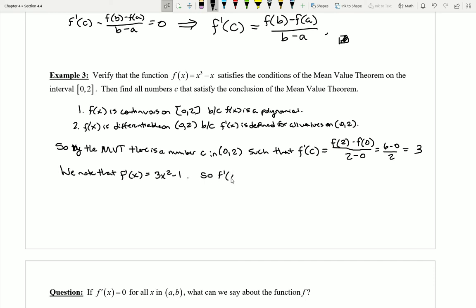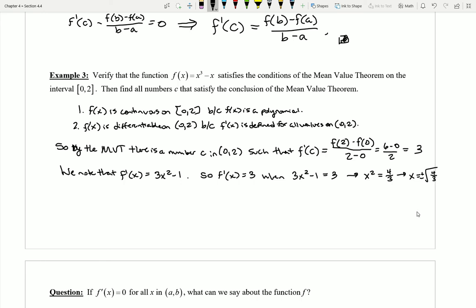So f prime of x is equal to 3 when 3x squared minus 1 is going to be equal to 3. Of course, that is going to mean that I'm going to end up having x squared being equal to 4 over 3. And that's going to give me when x is equal to plus or minus the square root of 4/3.